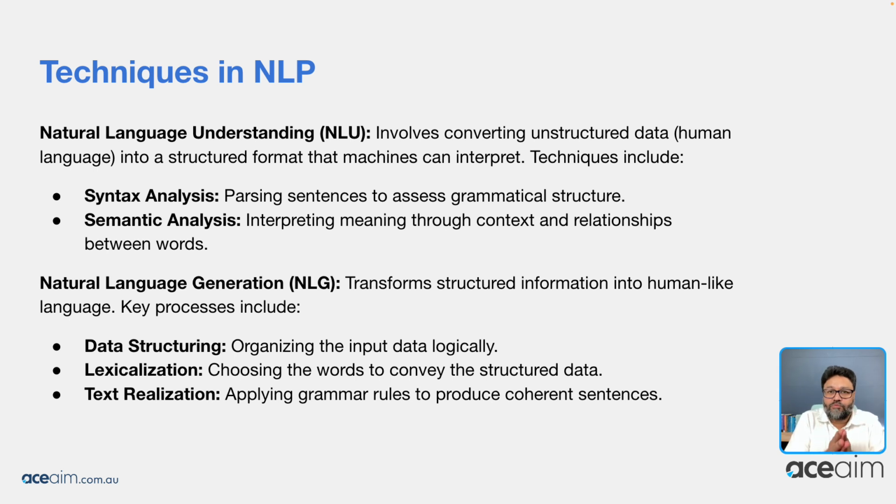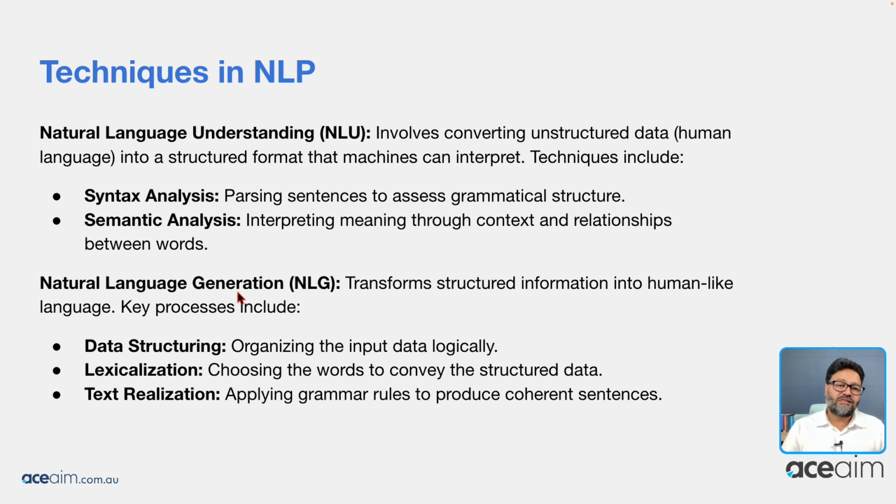Many times a word could have different meanings depending on the context and the structure of the sentence. For example, the word leave could be a noun or a verb: I'm leaving now, or I want a leave. So the meaning differs depending on the context. How the computer understands this, that whole processing, is called natural language understanding.